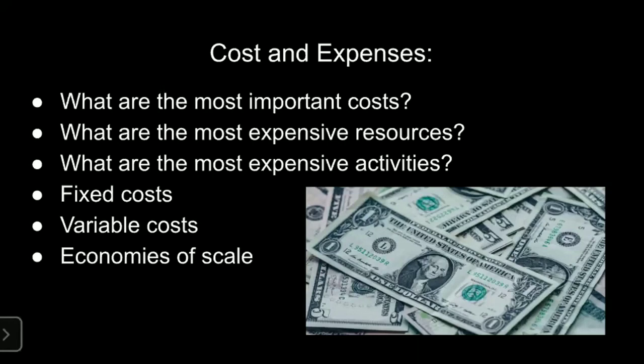One of the biggest things to think about with your costs and expenses is economies of scale. It's very important for a small business owner to be able to scale their business, which means to offer more services for the same amount or very little extra effort, okay?